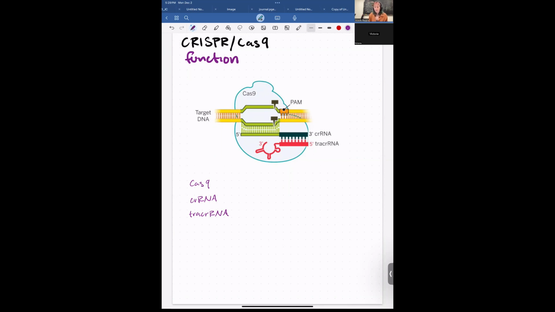The CRISPR RNA is what provides the sequence specificity, and the tracrRNA is what links the CRISPR RNA to the Cas9. Cas9 recognizes the hairpin structure of the tracrRNA, and the tracrRNA has a region which is complementary to the CRISPR RNA here. So if I were to ask you to circle the CRISPR RNA and the tracrRNA in this diagram here, the CRISPR RNA is this whole region, the tracrRNA is this whole region.